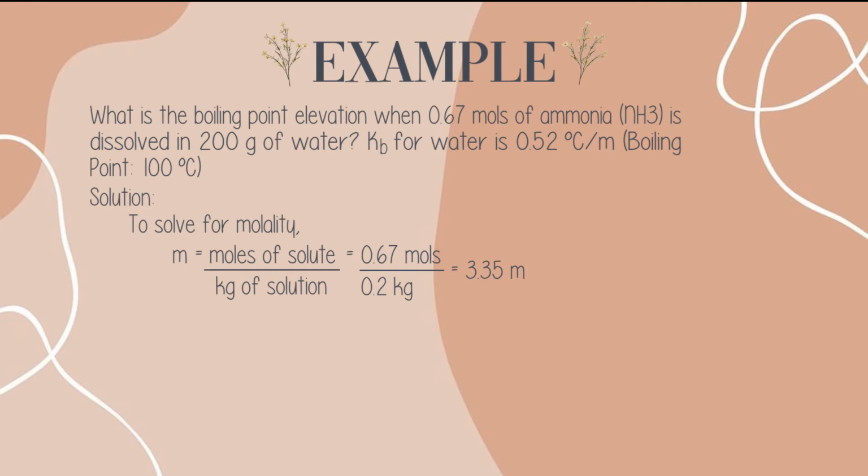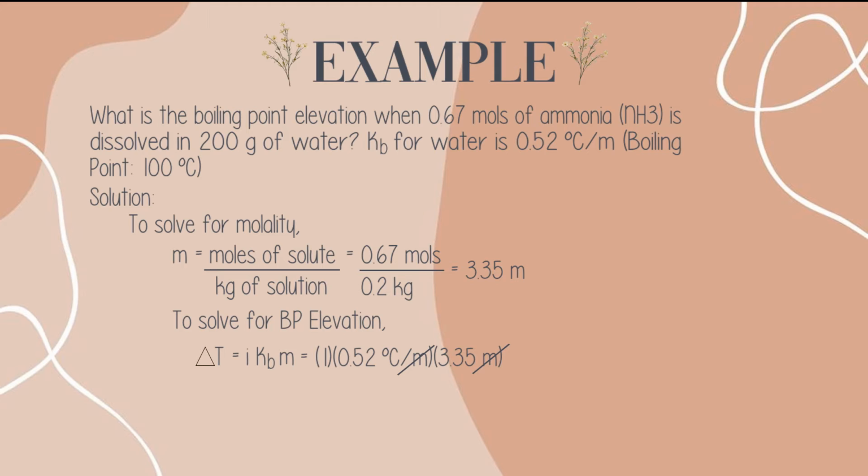Now, since we have the molality, we solve for the boiling point elevation. Boiling point elevation is equal to i, the Van't Hoff factor, multiplied by the ebullioscopic constant and the molality. So the Van't Hoff factor is 1 because for most non-electrolytes dissolved in water, the Van't Hoff factor is essentially 1.